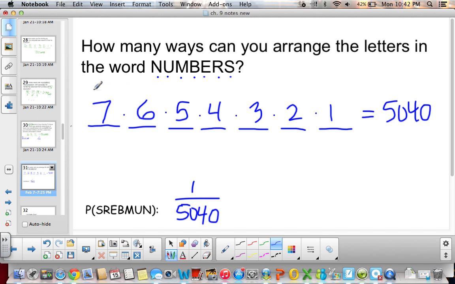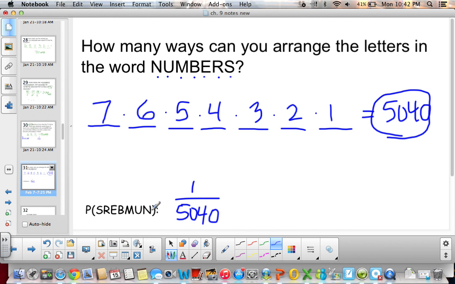So this right here is our example of a permutation. This is the number of ways, and in this instance, the number of ways the letters can be arranged. So if you wrote out all of the ways that the letters could be rearranged, you would have 5,040 of them.